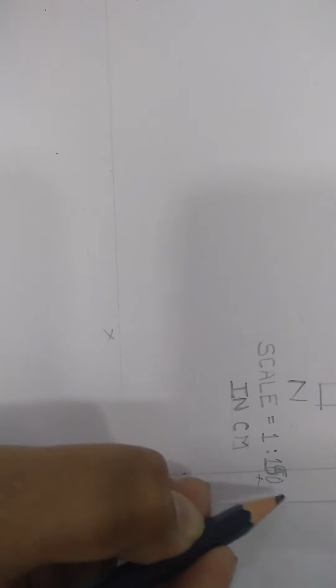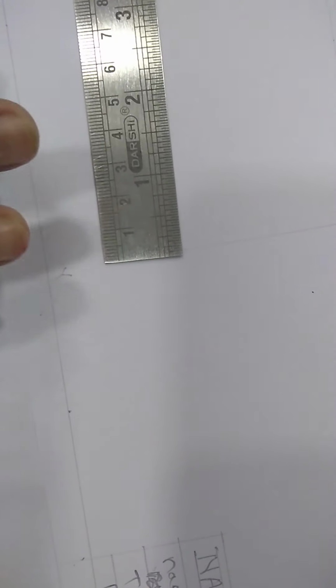So I'm taking 1:150. Okay, after that, 1:150 means if there is 15.76, then you have to convert it with the dimension, as 1 centimeter is equal to 1.5 meter. That means 15.76 meter is how many centimeters, so you have to convert it.